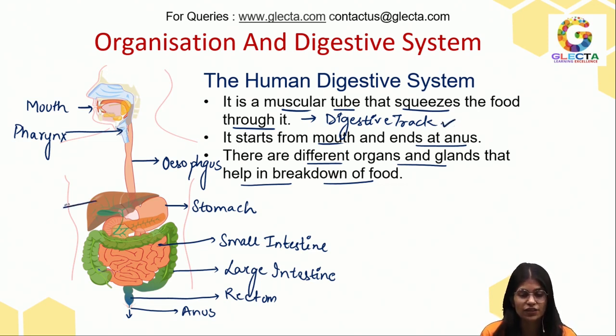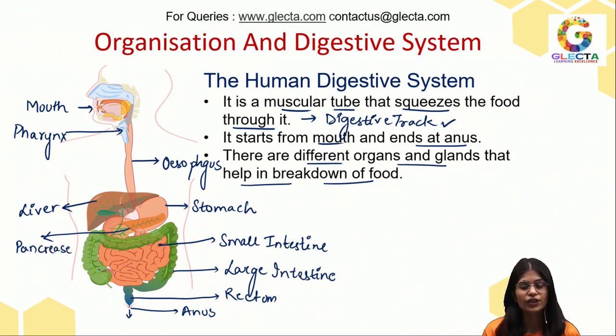Talking about the accessory parts, this one is the liver, and the other one is the pancreas. So these are all the parts that are involved in the process of digestion.